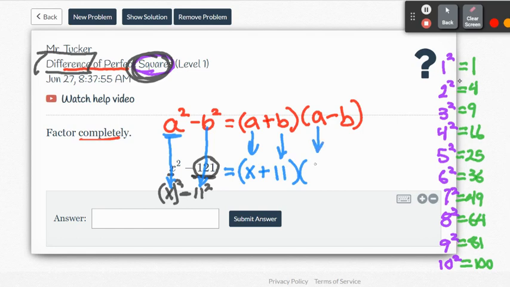First term again is a, is our x, minus the second term, which was the 11. So it's just a matter of recognizing what is the a and what is the b. In other words, what is the first thing that got squared to be the first term, and what's the second thing that got squared to be this second term. Once you recognize it, you just write a plus b times a minus b. So we're going to look at a bunch of different examples as we roll through.